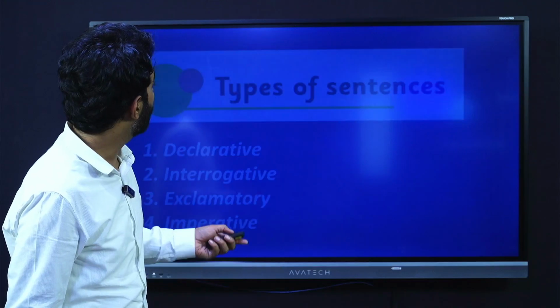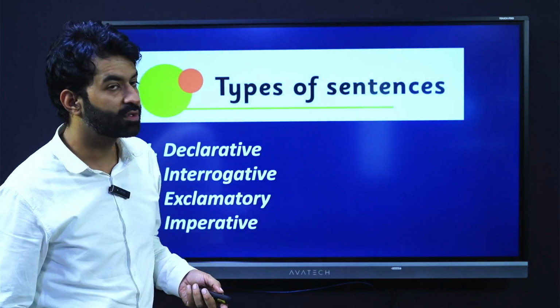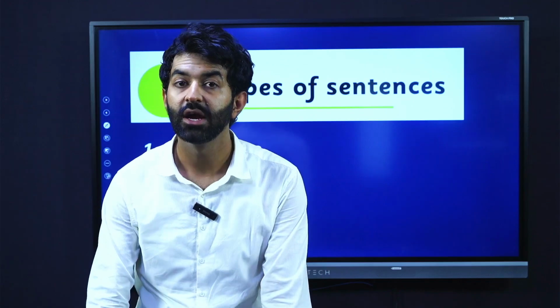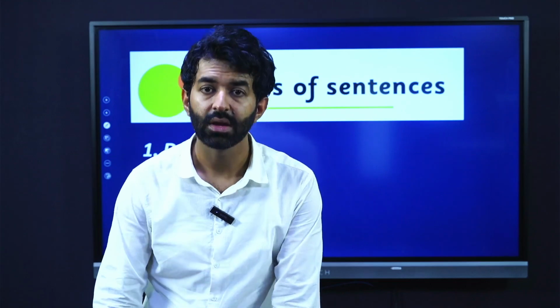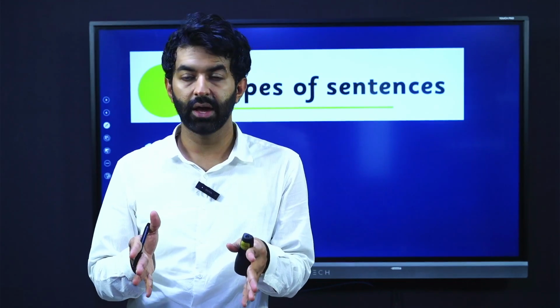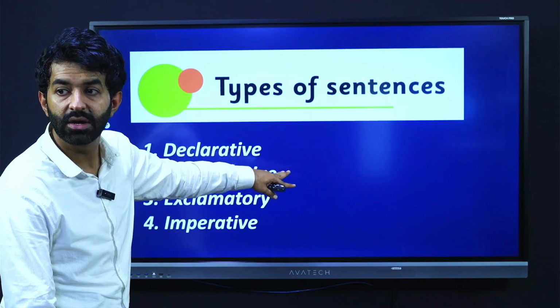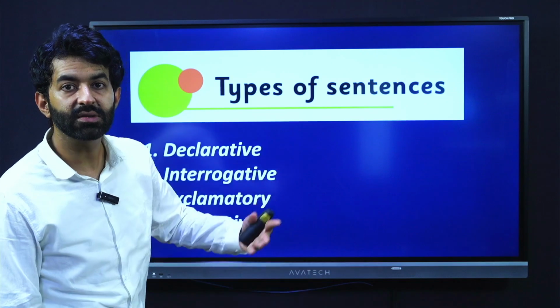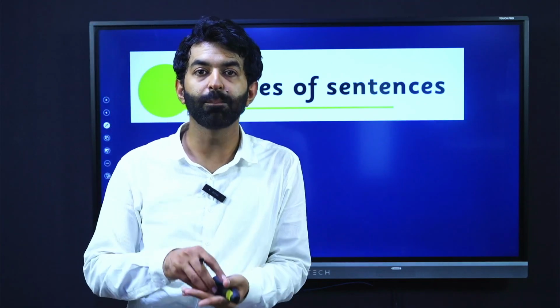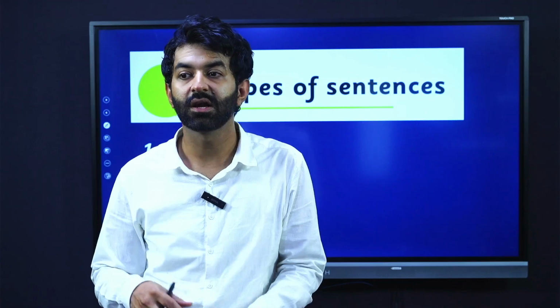Now, again, another thing that we will talk about, which is part of the learning outcome, is types of sentences. Now, students, जब हम sentence की बात करते हैं, here these are the sentences according to the type. And there are sentences like simple sentence, complex, compound, and complex compound.